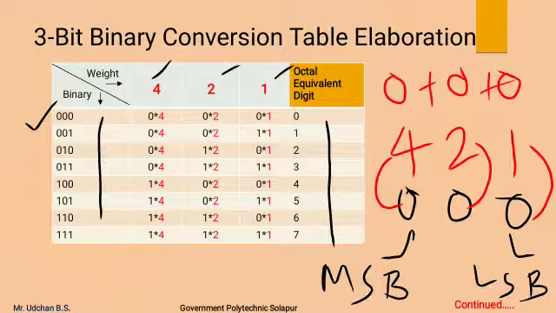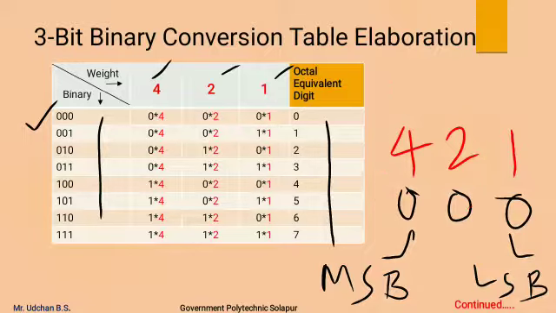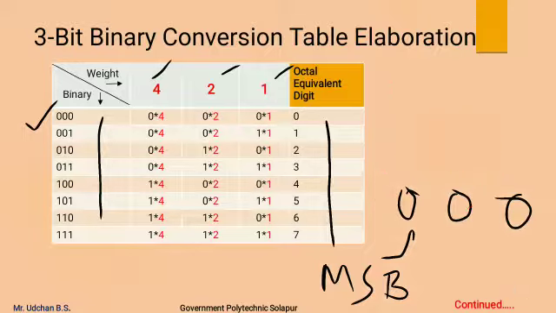So for binary number 000, the equivalent octal digit is 0. Like that, we can convert 001 into the octal number. Now again I will show that also to you so that you can understand very well.